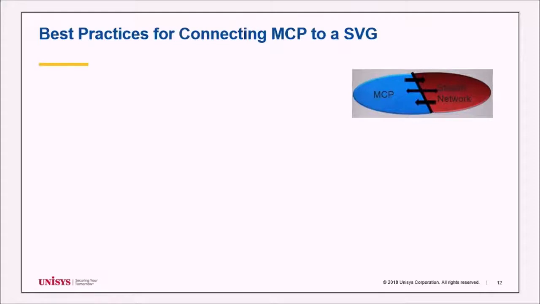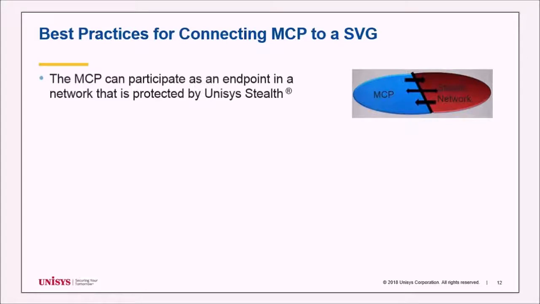The last thing I'm going to talk about today is best practices for connecting an MCP system to a network secured with the Unisys Stealth product. MCP systems already have been able to participate as an endpoint in a Unisys Stealth network.